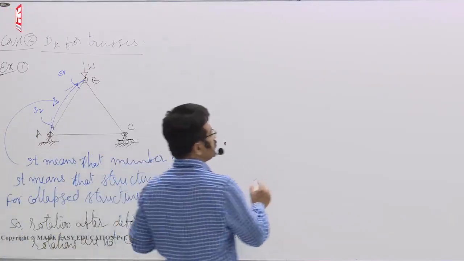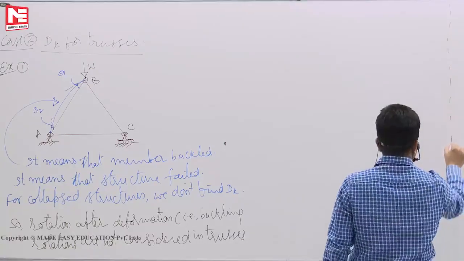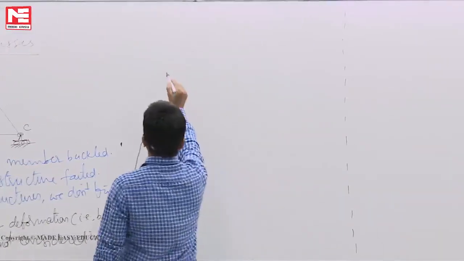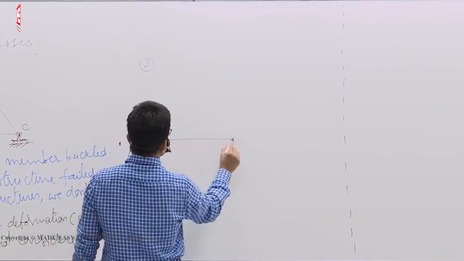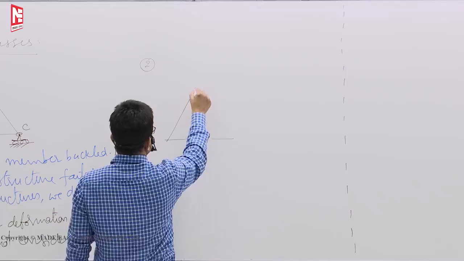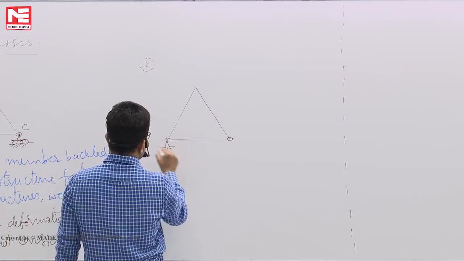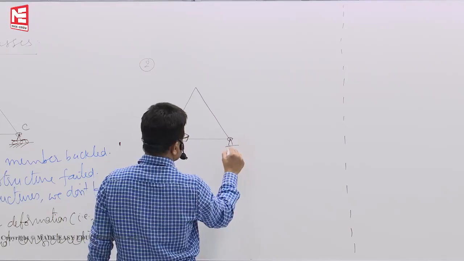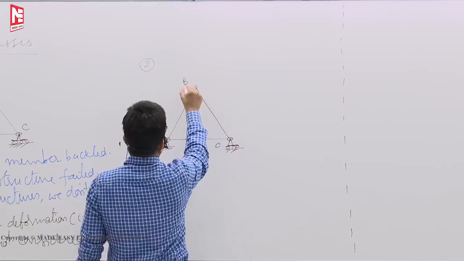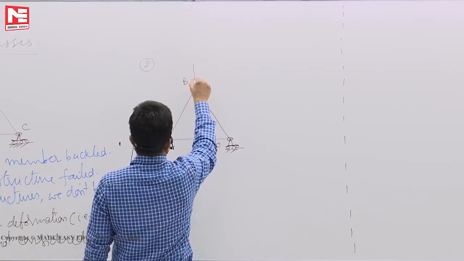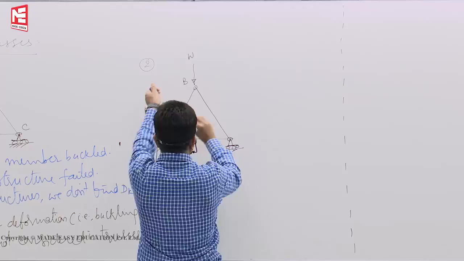Now let us see the second example. Second example is this one. Assume that we have a truss like this. This point let us say A, C, B. You have applied some loading and naturally it will deform.